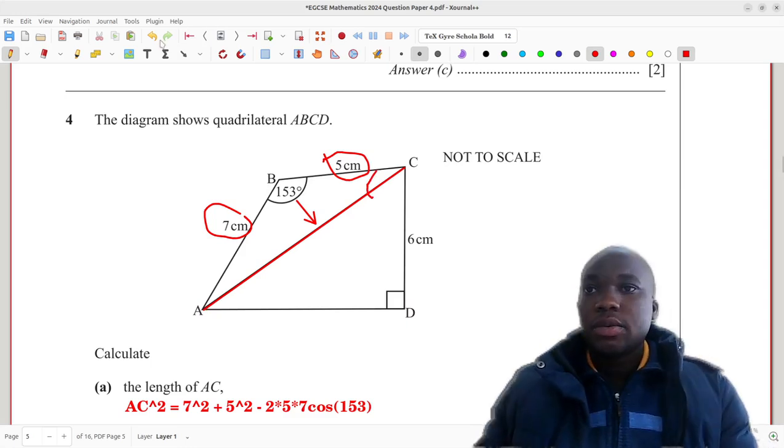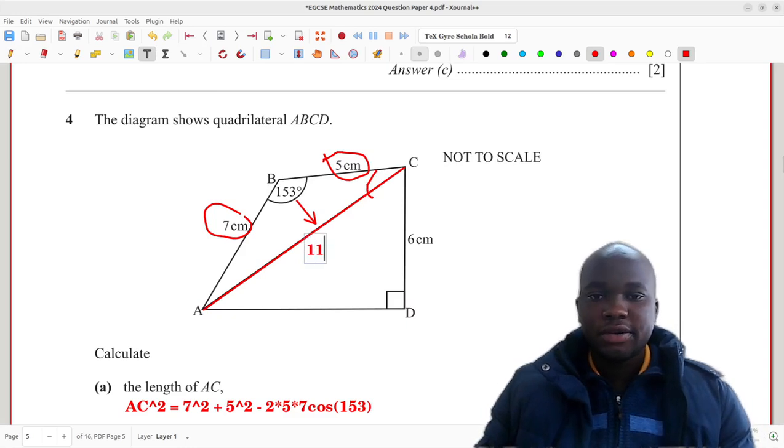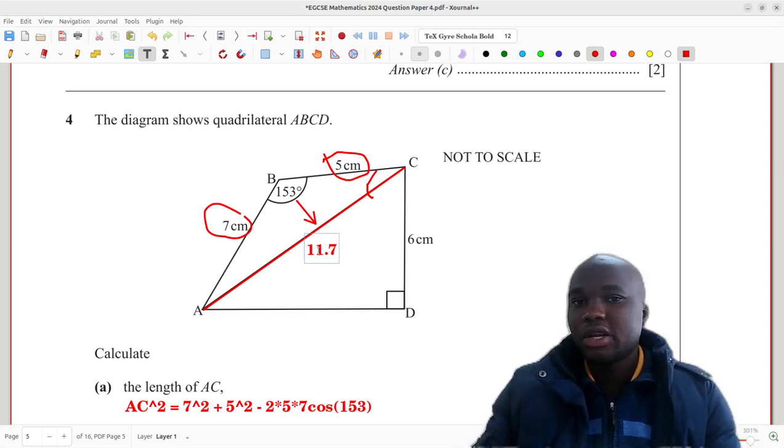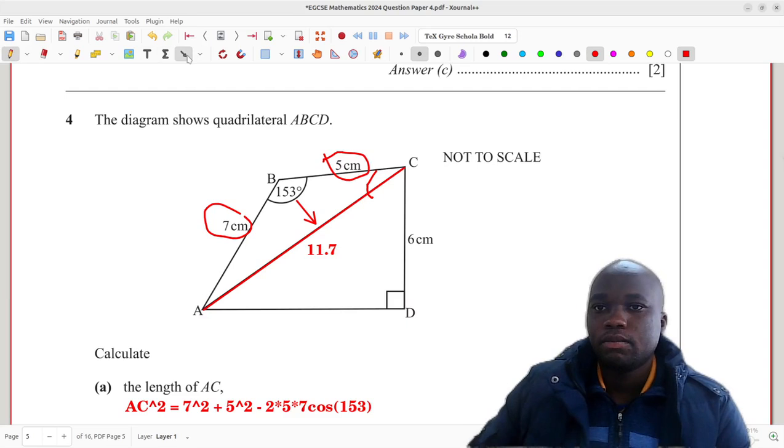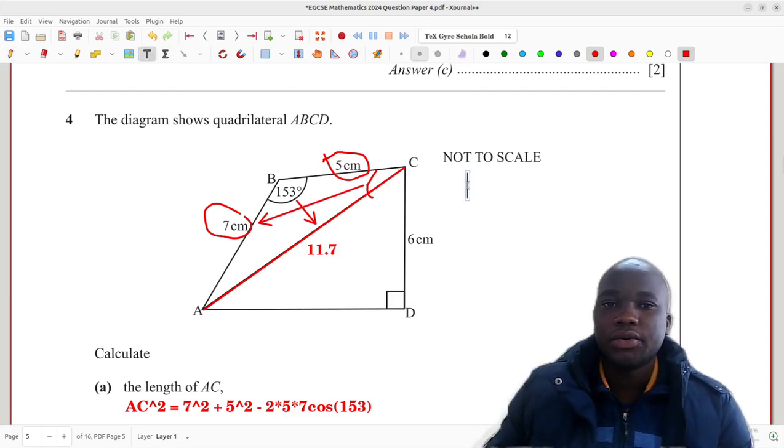From there, what do we have? Don't forget you already have your 11.7 here, and then you want that angle. So 153 and 11.7 now give you a complete pair, and this one is an incomplete pair. So for that, you are going to use the sine rule.